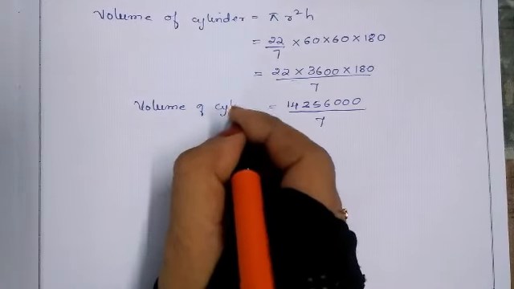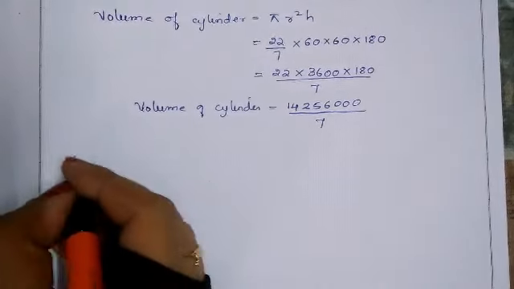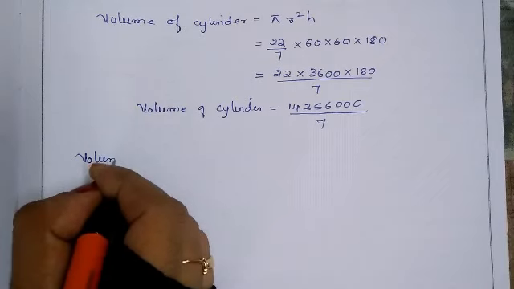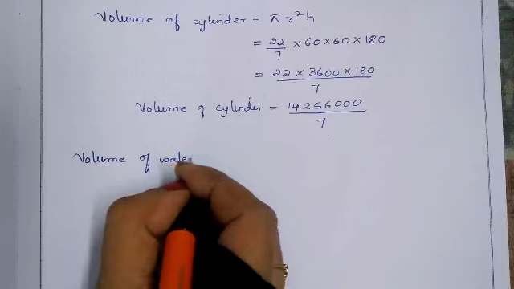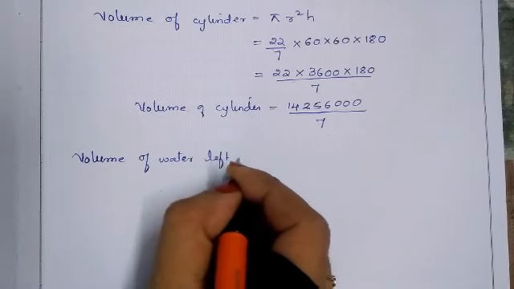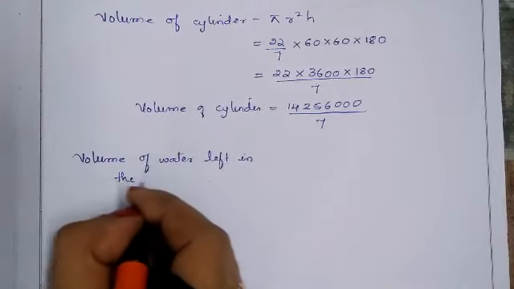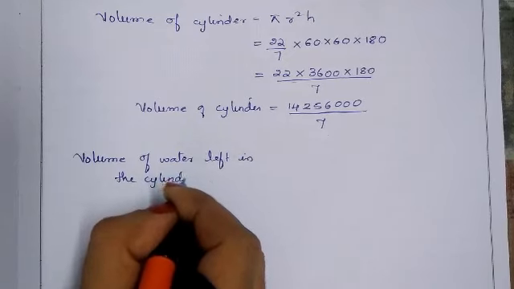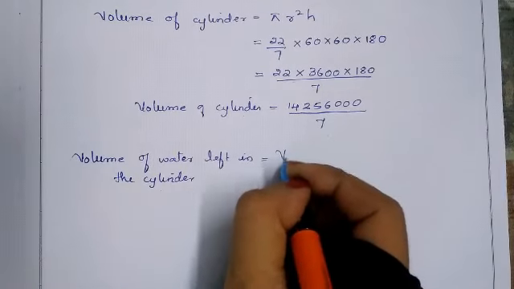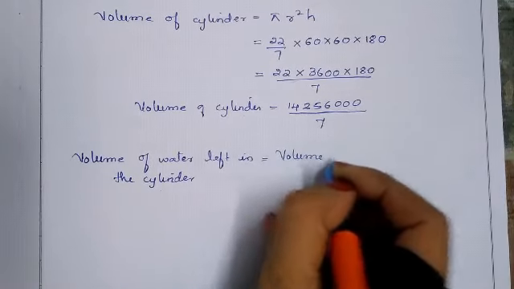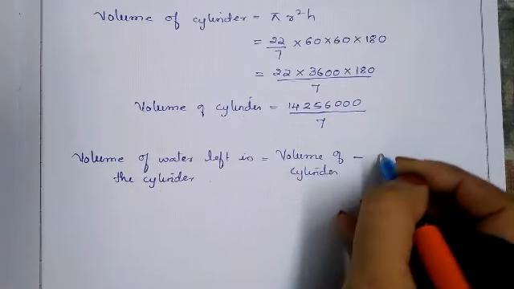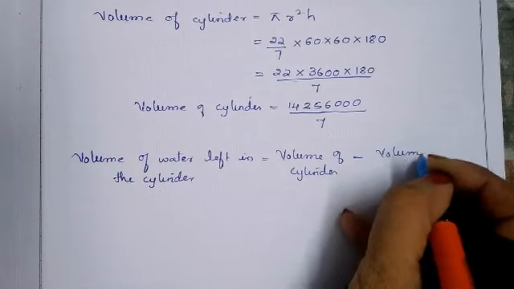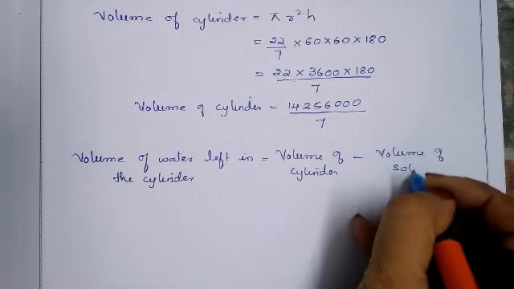Now actual thing we need is volume of water left. Volume of water left in the cylinder is equal to volume of cylinder minus volume of solid.